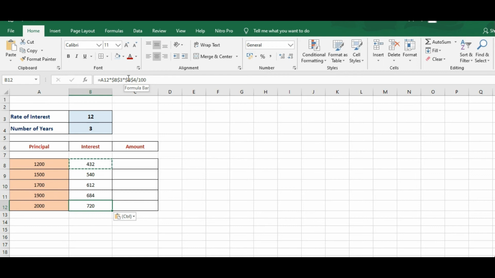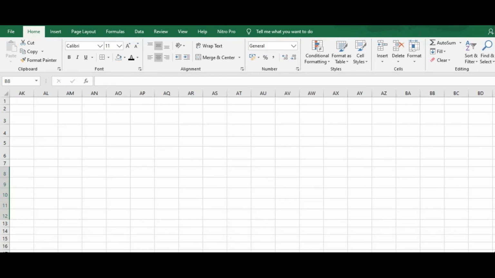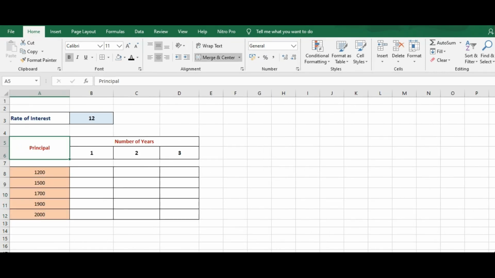Absolute referencing must be used whenever you want the reference of a cell in a formula to not change on copying the formula anywhere else on the worksheet. Now in some cases, we may want only the row or only the column to remain fixed in a formula.